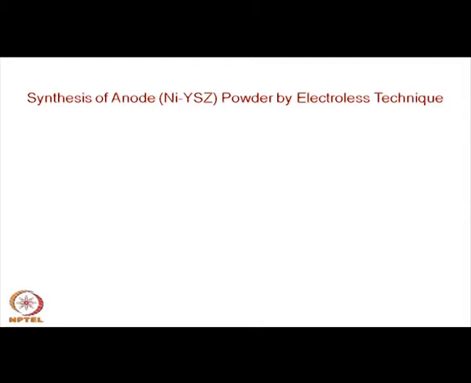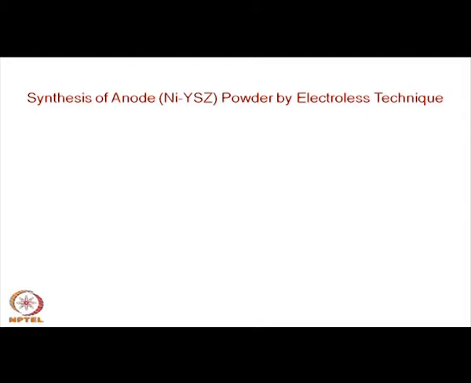When you talk about the anode, it is basically nickel YSZ. So, normally YSZ powder and nickel oxide are put together and mixed together and then heated at high temperature to make a composite nickel oxide YSZ powder, and then during its use, because it basically faces the hydrogen or the reducing condition, the nickel oxide gets reduced to nickel and finally, the structure remains as nickel YSZ.